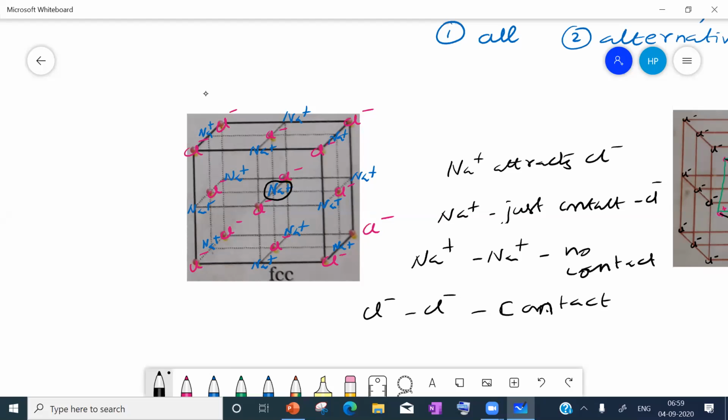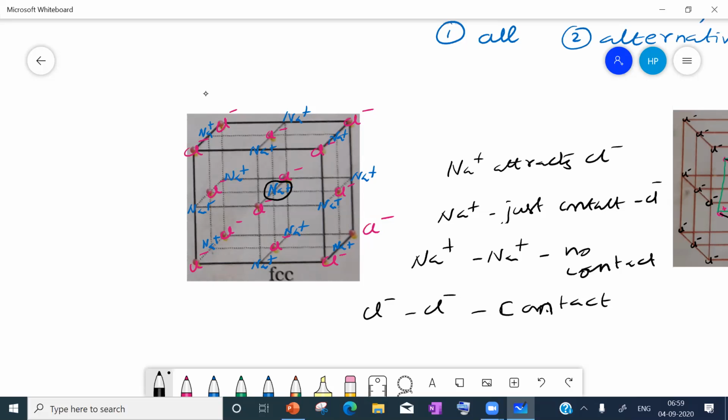In that way also you may think. Cl minus ions are anions with the same charge. If a gap is there, stability will be high. Then why do you say they should be just in contact? Okay, that is your question.